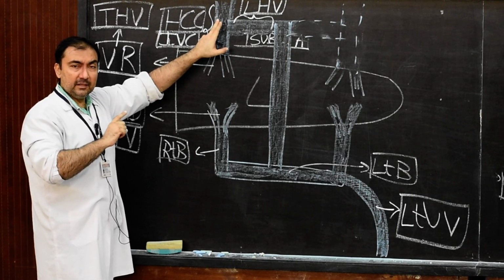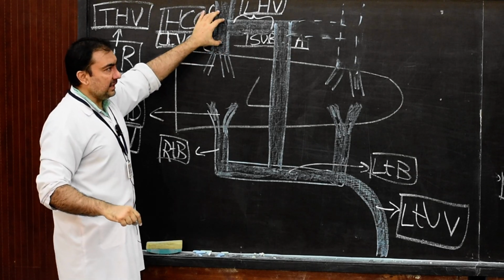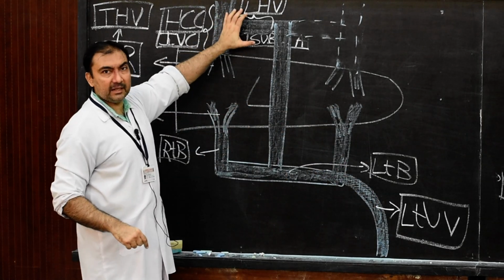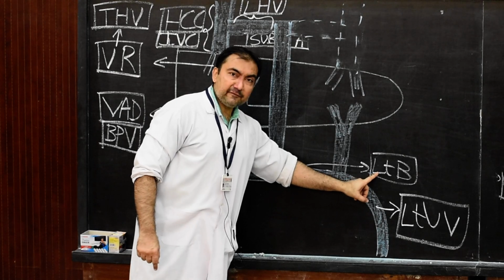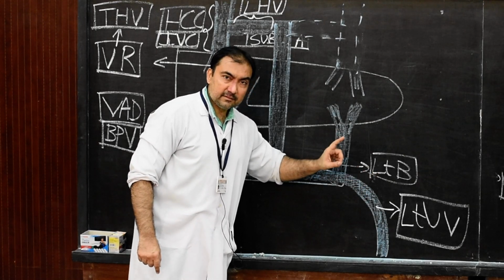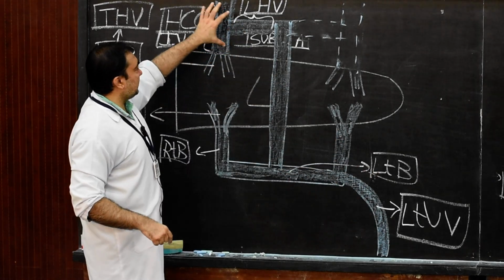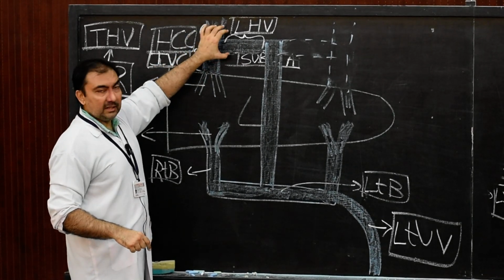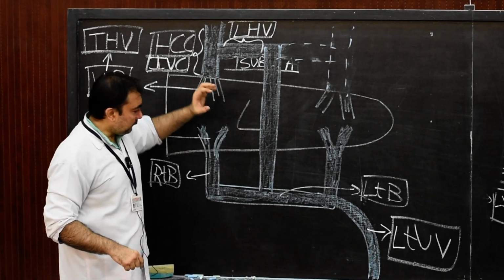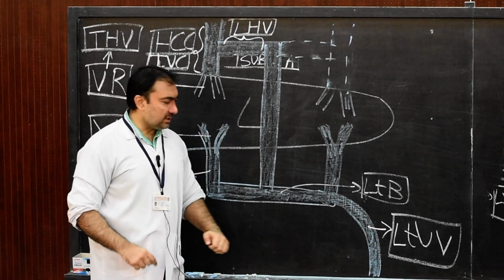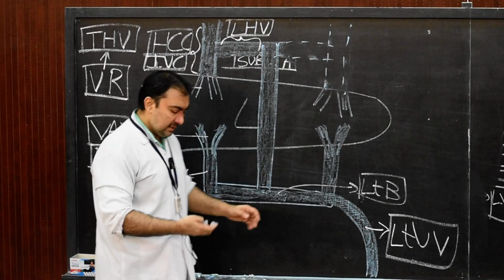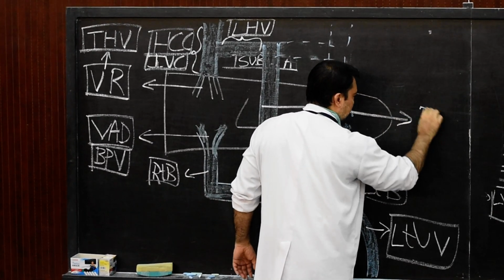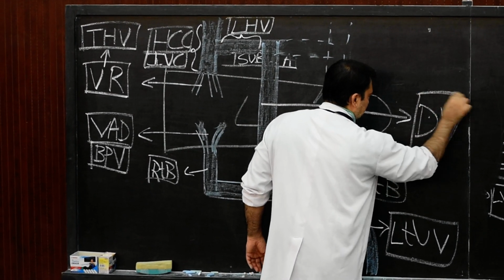So the channel connecting the right vitelline vein with the left umbilical vein, or the left hepatic vein with the left branch of portal vein, will be known as the ductus venosus.